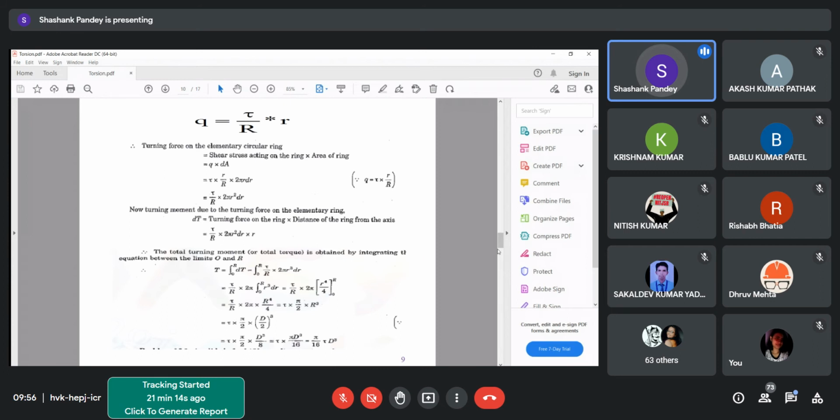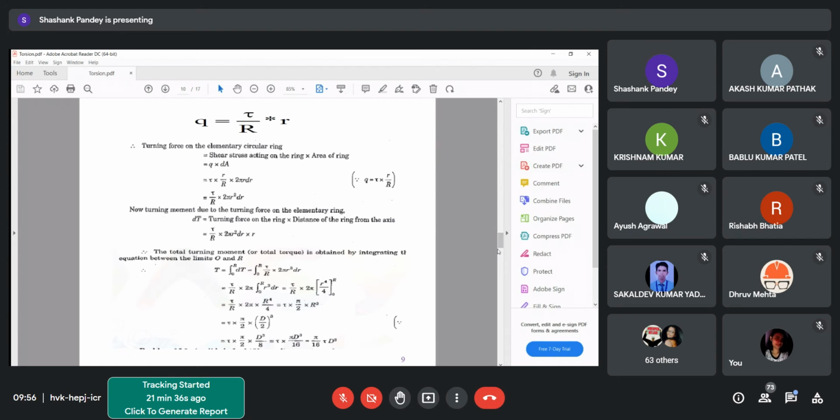Before proceeding towards this, can anybody answer this question: why are we doing it for a hollow circular shaft? Because a hollow circular shaft is stronger than a solid circular shaft.